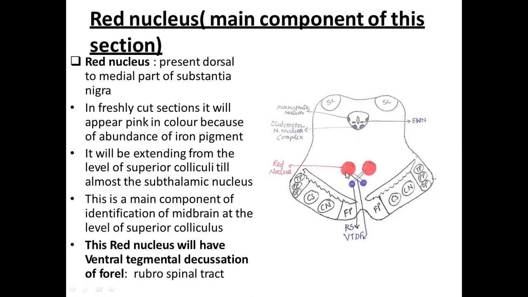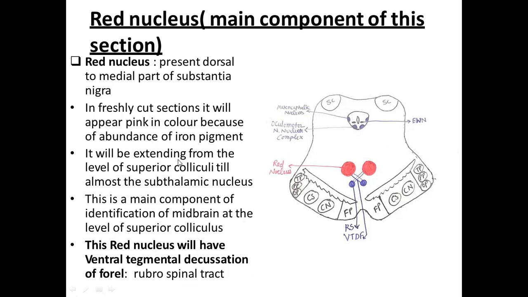The red nucleus is about 0.5 centimeters in diameter, and it appears ovoid in cross section. In freshly cut sections, it will appear pink in color because of the abundance of iron pigment.